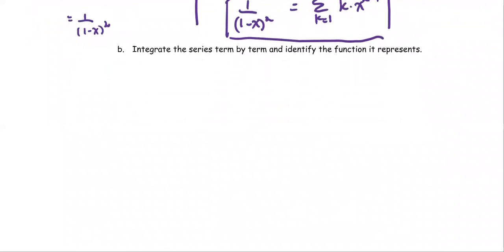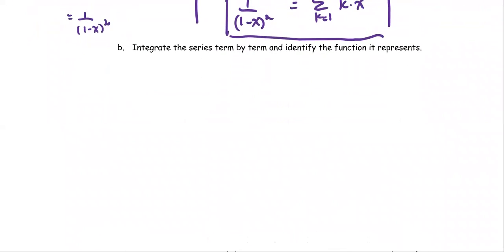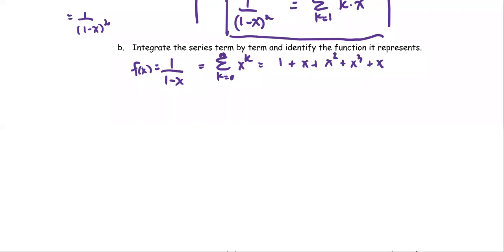The next part, we are going to integrate the same series term by term and identify the function it represents. For 1 over 1 minus x as a function, in the expanded form, or in the summation of x to the power k from 0 to infinity, as 1 plus x plus x squared plus x to the third plus x to the fourth, and so forth.